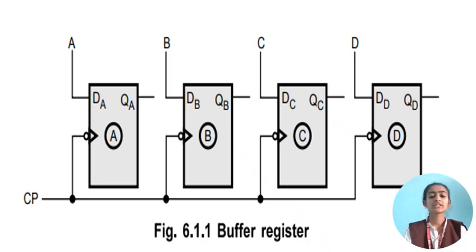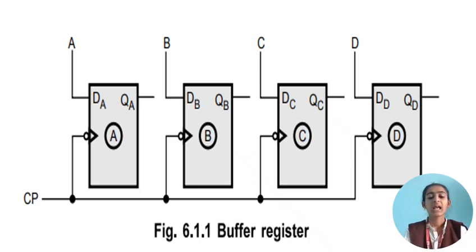Now we have to see the diagram of the buffer register. There are four flip-flops: A, B, C, D, and the outputs are QA, QB, QC, QD. The first box is flip-flop A with DA, QA, then flip-flop B with DB, QB, flip-flop C with DC, QC, and the last one, flip-flop D with DD, QD.